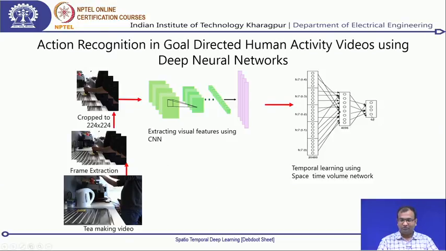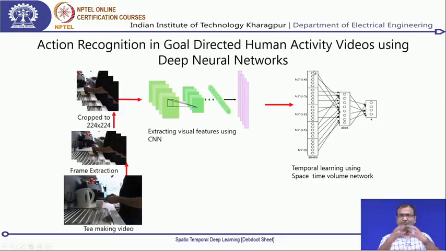Here it was just 4 different classes which needed to be classified. We start with one of these frames at whatever level, say the tth frame, then I go back and take all the previous 4 frames: t minus 1, t minus 2, t minus 3, t minus 4. So this has a temporal context window of 5 frames available to me.